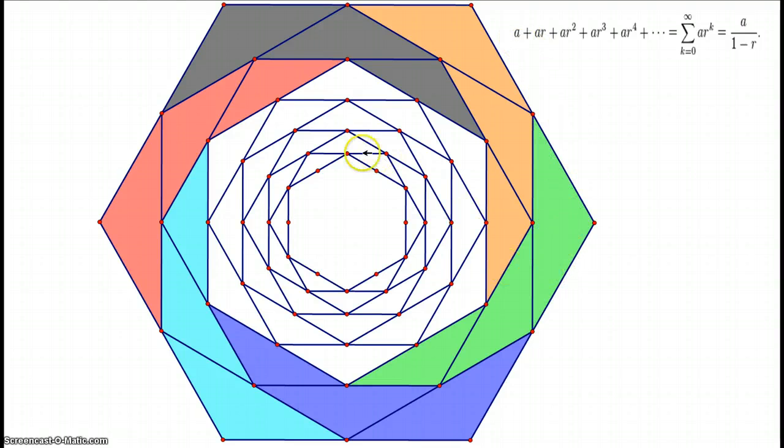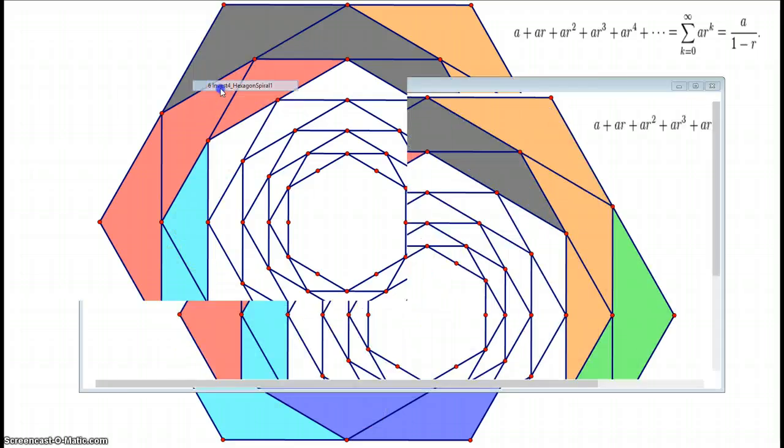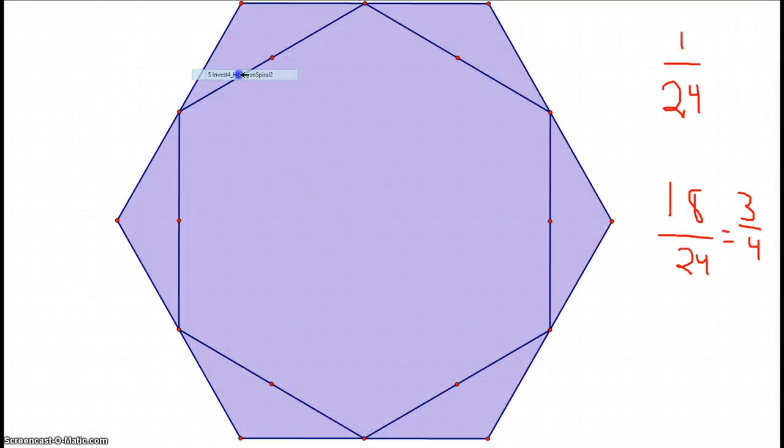And now we want to find out what the size of these areas are. Well, we know that they're going to be 1/24 of this inside hexagon. And we discovered that our inside hexagon is 3/4 the size of our larger hexagon. If you remember, this inside hexagon was 18/24 or 3/4 the size of our larger hexagon.